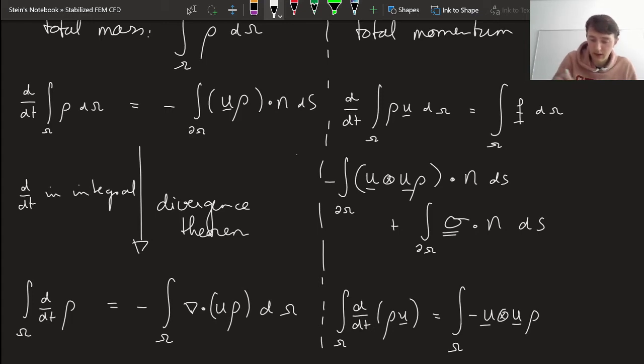I think it's slightly nicer to write this the other way around. So I have minus rho times u tensor product u. Now I'm going a little too fast, sorry. So we have the divergence of that, of course.